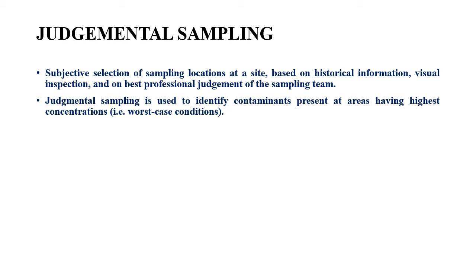Based on the review or the background study that they have done, they would be able to identify the possible area of contamination, or the area highly affected by contaminants. So there they'll just do the sampling.